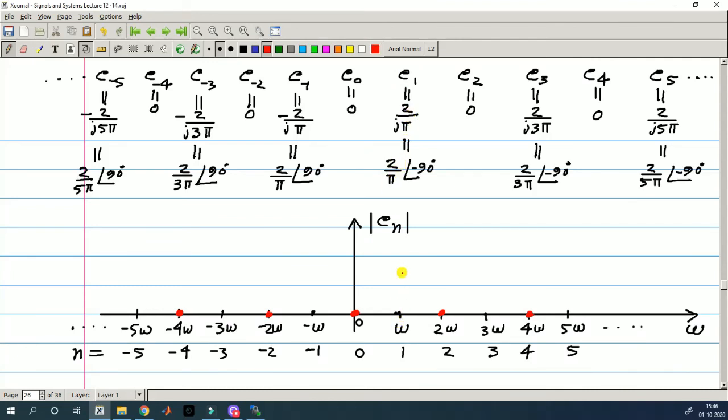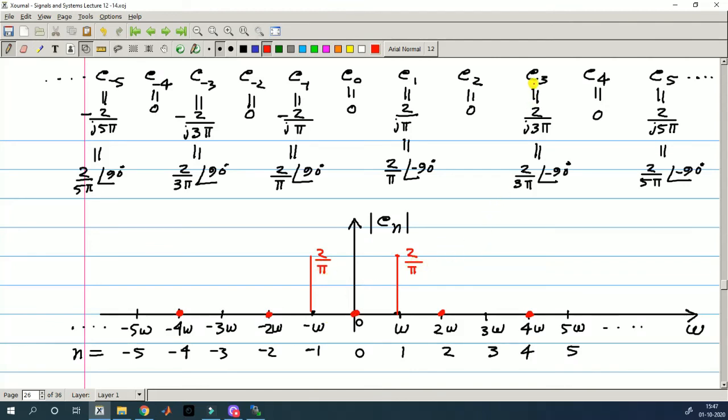So here we will draw a bar or a line with height equal to 2 by pi. Then C minus 1 also has a magnitude of 2 by pi. So here also at n equal to minus 1, or at minus omega, we will draw a bar or a line with height 2 by pi.